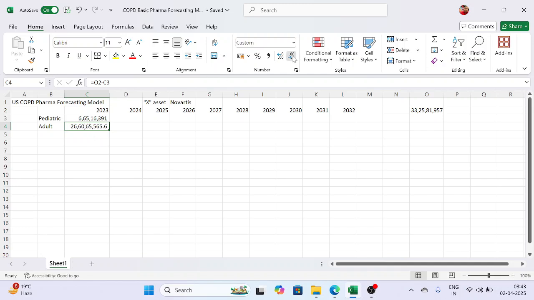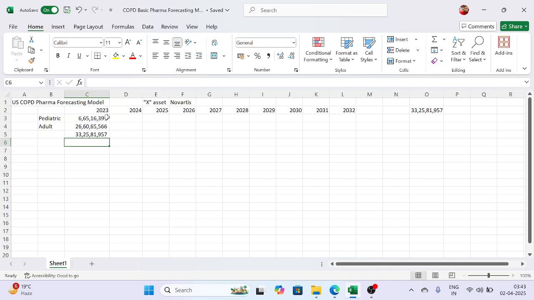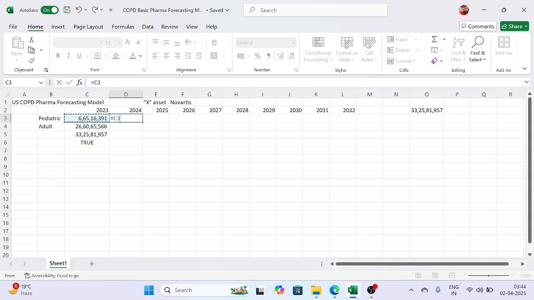And if we total this, this should be equal to this, that is true. So let's assume now the population is growing at a rate of 0.5%.